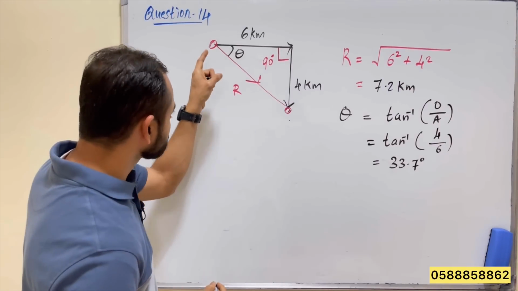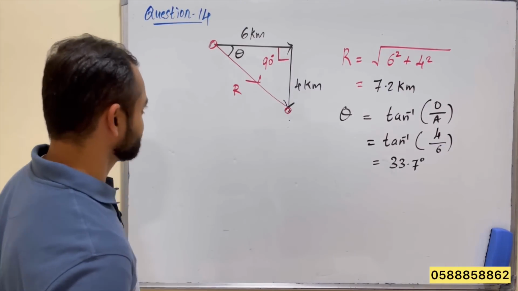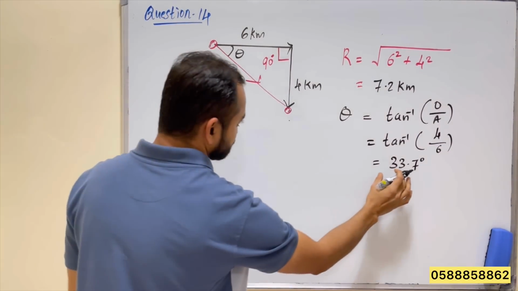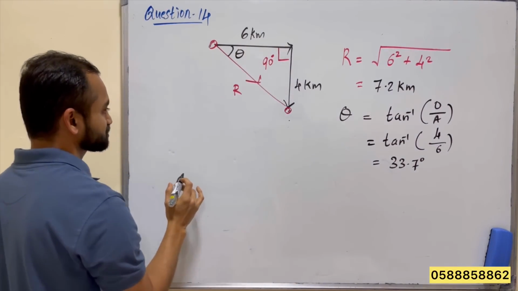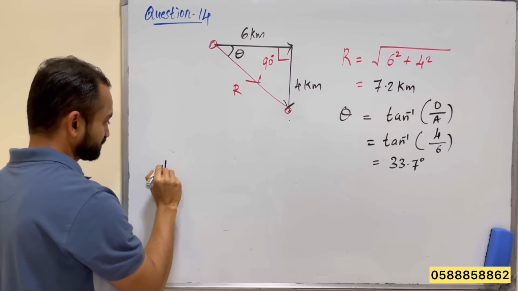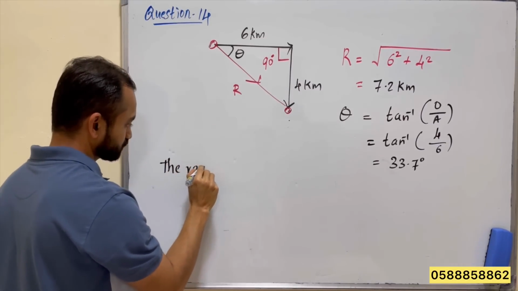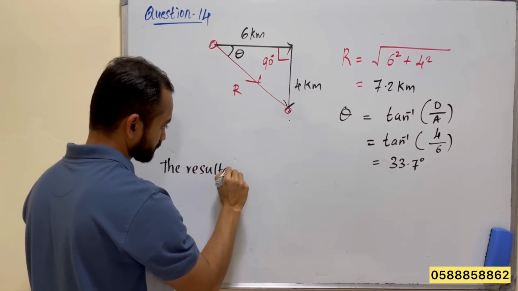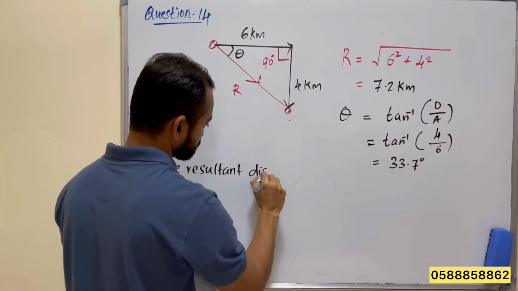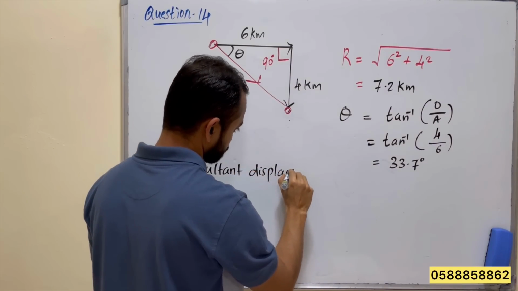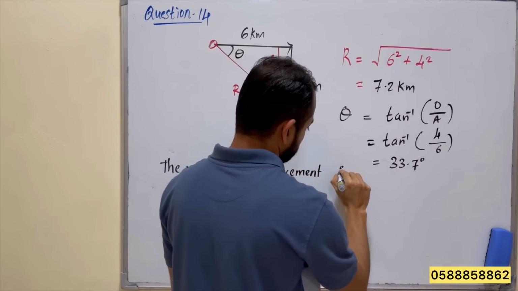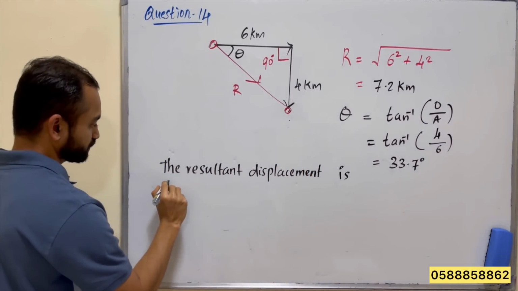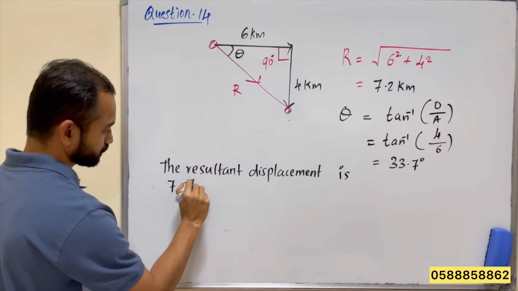We can say the resultant displacement is how much? 7.2 kilometer, right?